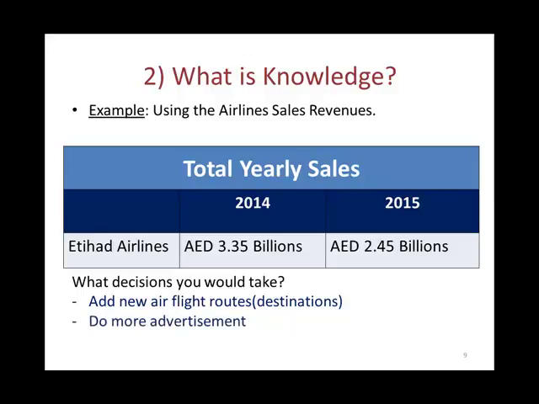The other is to do more advertisements, or maybe more promotions. The reason is that in 2014 you have 3.35 billion, but in 2015 the sales revenues have decreased. So this could be a useful type of comparison for a manager in Etihad Airlines in order to take action.